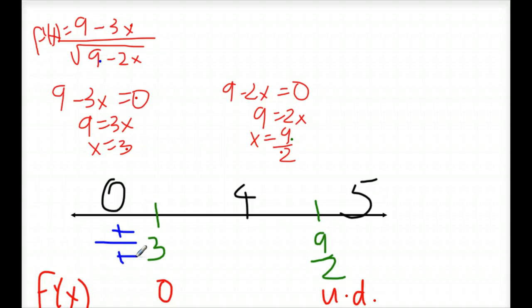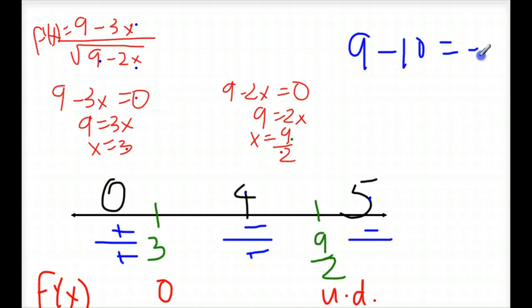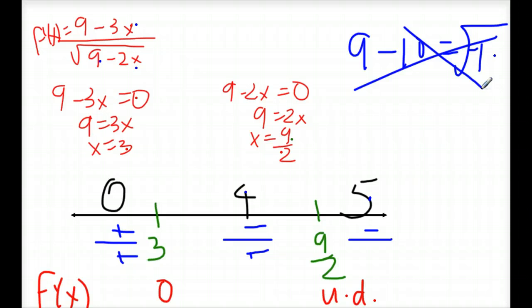If I plug in 4, on the top I'm going to get a negative. On the bottom, I'm going to get a positive number. When I plug in 5, on the top I'm going to get a negative. And on the bottom, if you notice, 9 minus 10 is equal to negative 1. But I can't square root a negative number, so this right here will be DNE.